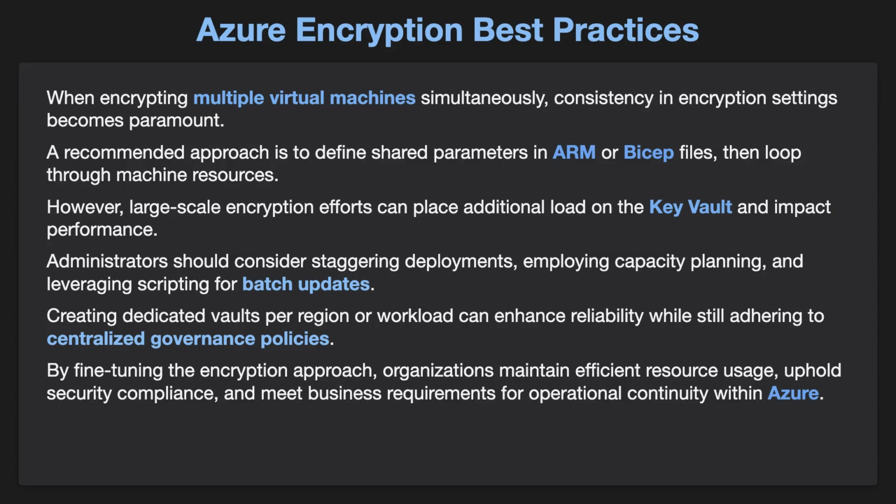Administrators should consider staggering deployments, employing capacity planning, and leveraging scripting for batch updates. Creating dedicated vaults per region or workload can enhance reliability while still adhering to centralized governance policies. By fine-tuning the encryption approach, organizations maintain efficient resource usage, uphold security compliance, and meet business requirements for operational continuity within Azure.